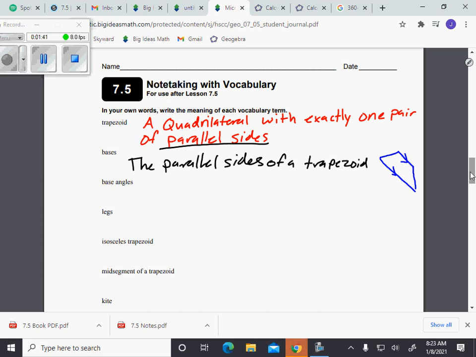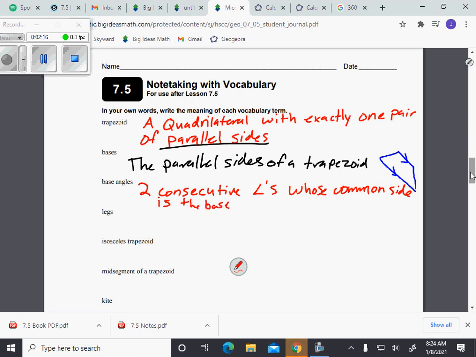The base angles are two consecutive angles whose common side is the base.